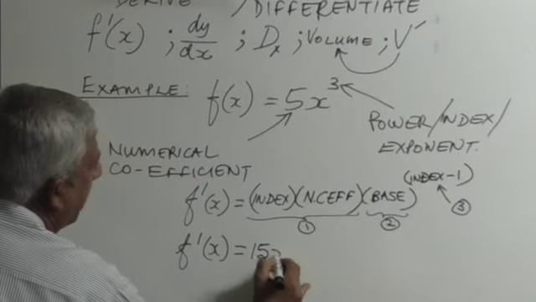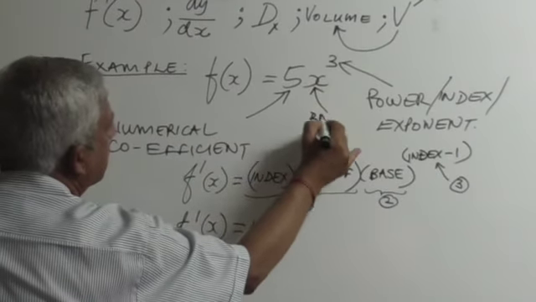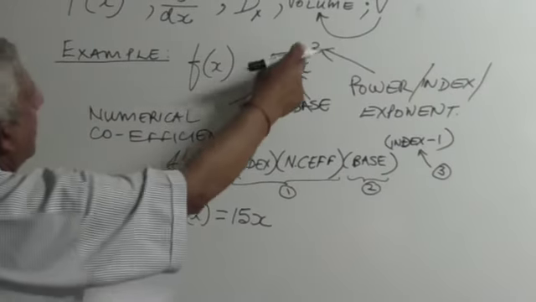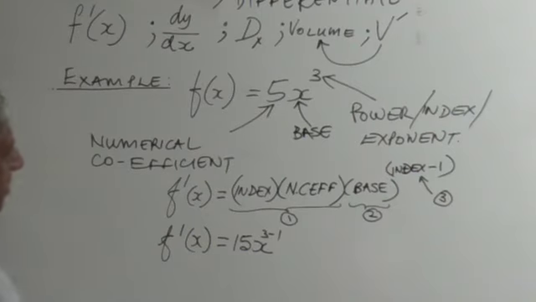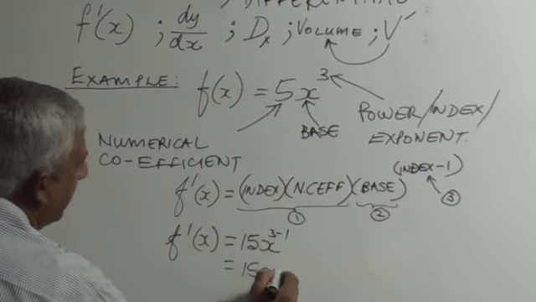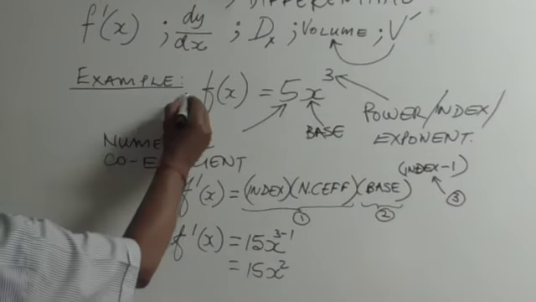Next step, write down the base. The base is x. X is the base. Write down the base. Then index minus 1. 3 minus 1. I'm just going to do that step by step. So your final answer is 15x squared. Alright, so let's just call this number 1.